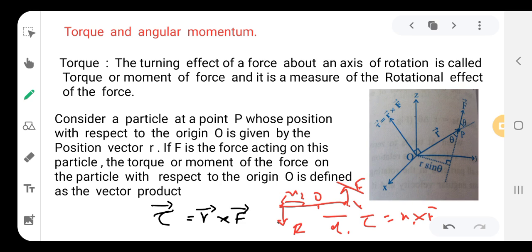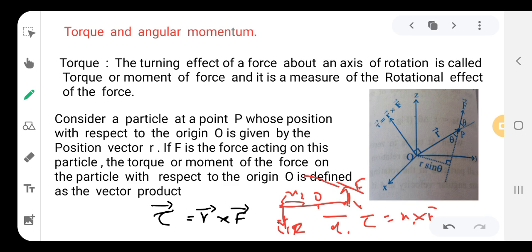If we apply the force in this direction, it moves in this direction, and if it is in the downward direction, it moves the other way, like a seesaw. So there is torque applied.